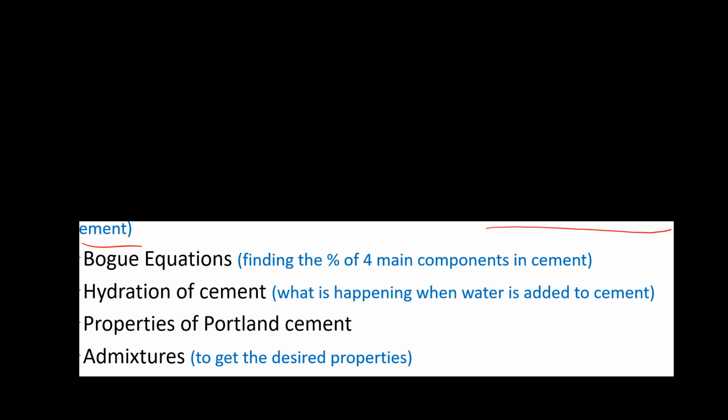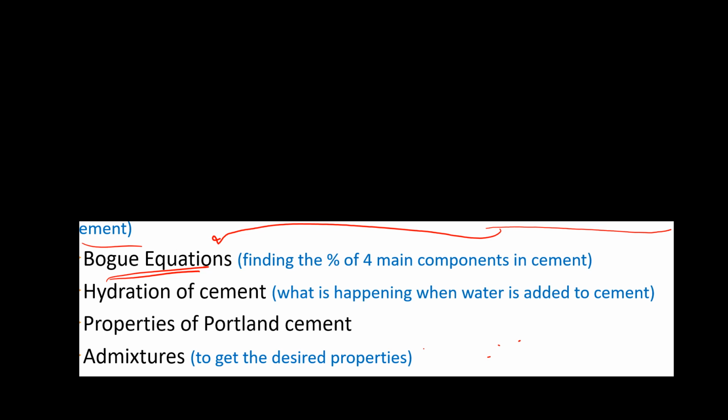C2S, C3S, have you heard of those names? Yes, so those are the 4 main compounds, and they are responsible for different properties. So we will learn about it and we will do some questions. To find out how much of each of these compounds we have in a particular cement, we are using these equations to calculate that. So we have one question using the equation, so we will learn about it.